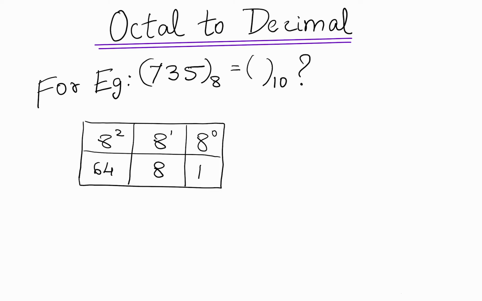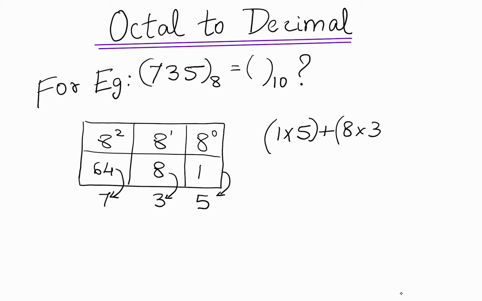This is basically the positional weightage. We write the digits below the positional weightage each carries, and then we multiply the positional weightage with the digit itself. So it's 1 into 5 plus 3 into 8 plus 7 into 64.